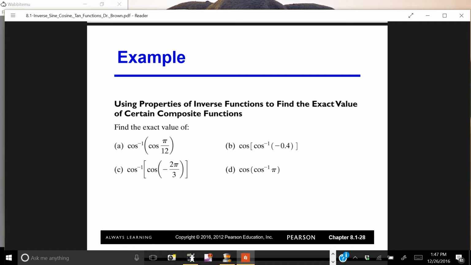Notice that the angle pi over 12 is within the restricted range of the cosine function, because it's between 0 and pi. So the inverse cosine of cosine of pi over 12 will be pi over 12.